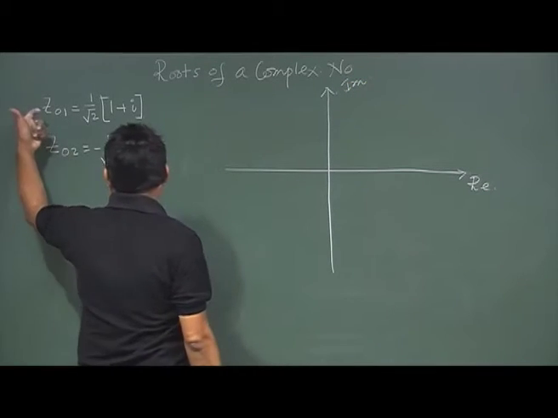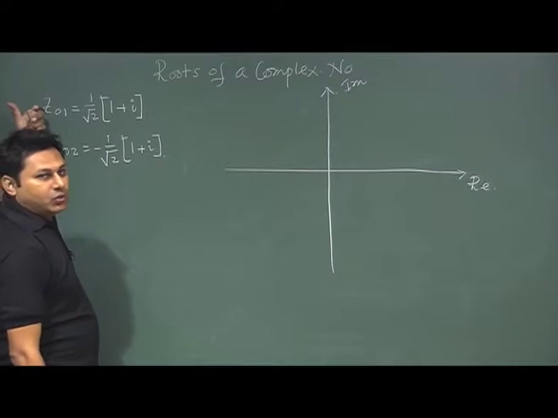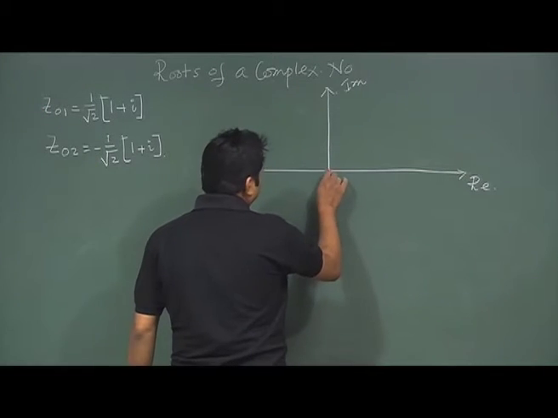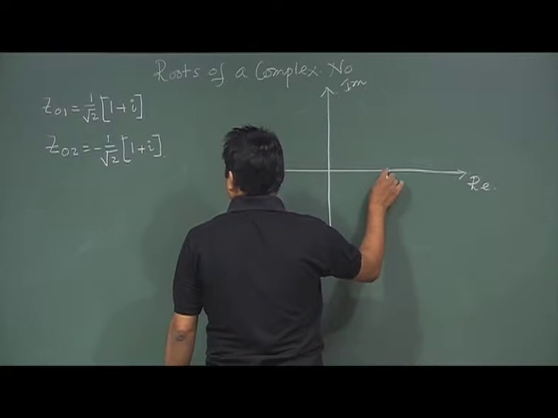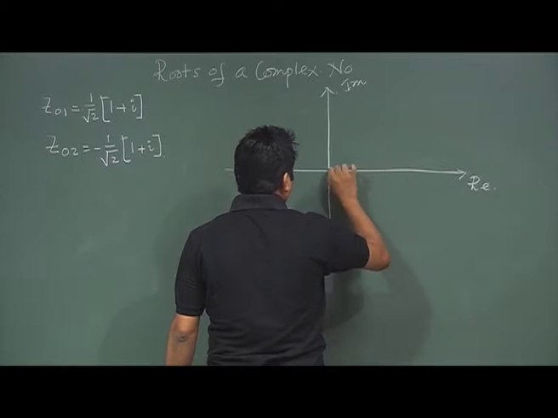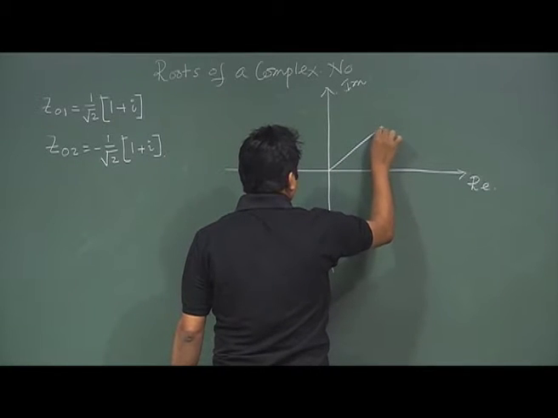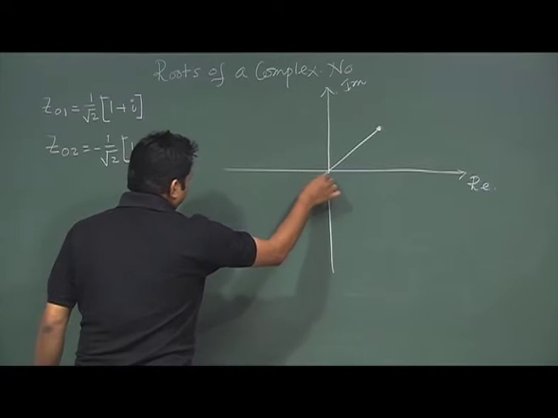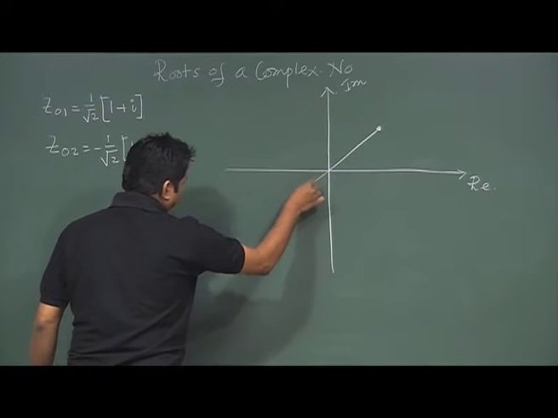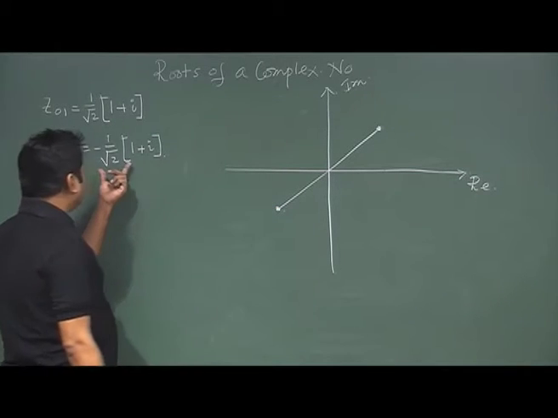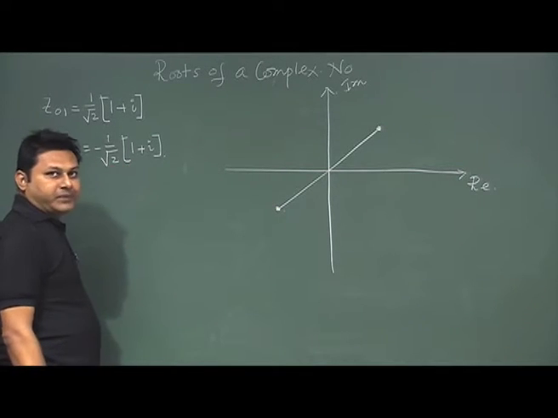I need to find the location of z01, root 1, and z02, root 2, in the complex plane. If this is 1 by root 2 and this is 1 by root 2, one point is here and another point is somewhere opposite. So both are minus, with a magnitude of 1.